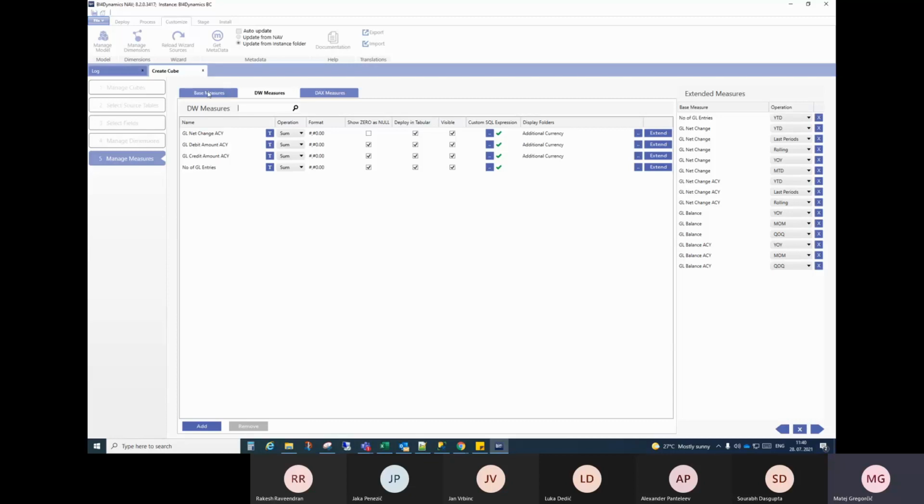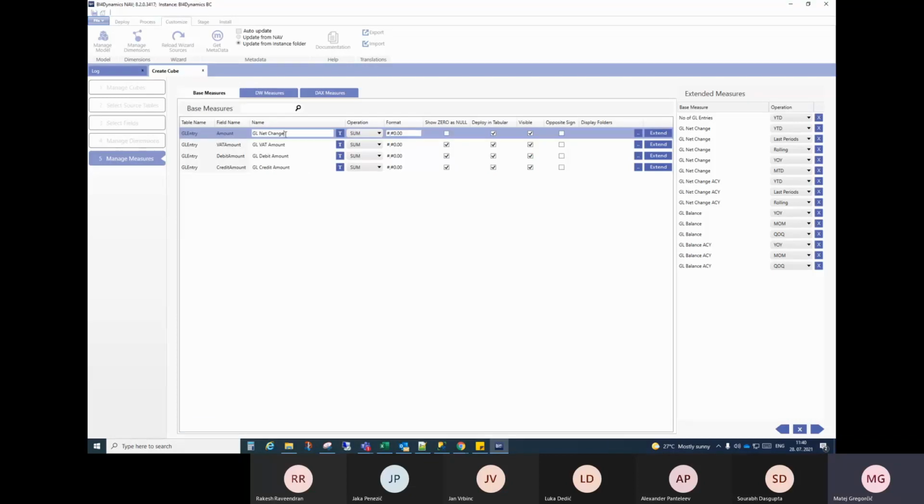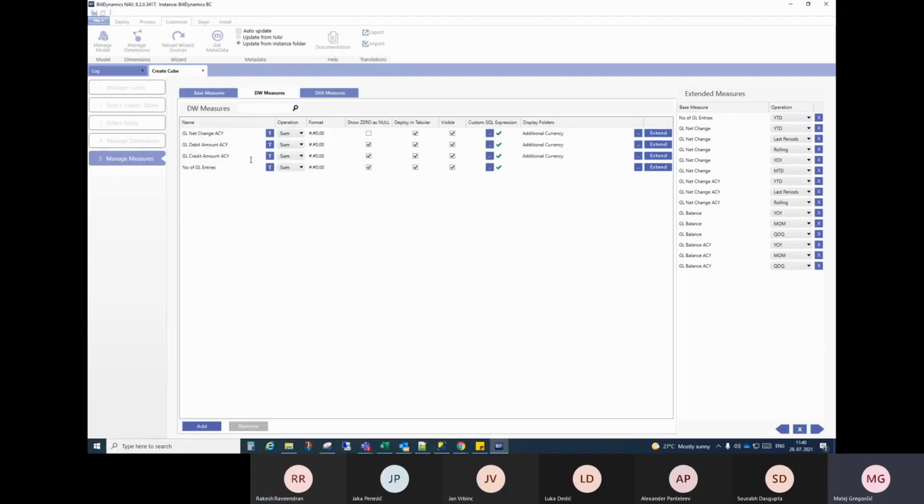And to repeat, we already have the base measures like GL net change. Okay, this is GL entry amount. So again, GL entry amount. Now, on the data warehouse measures, we will calculate a GL net change ACY. ACY stands for additional currency. Now, this is just an example.